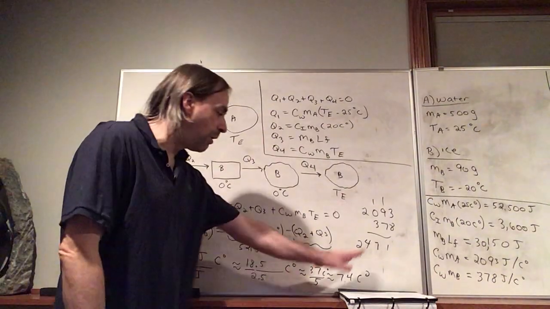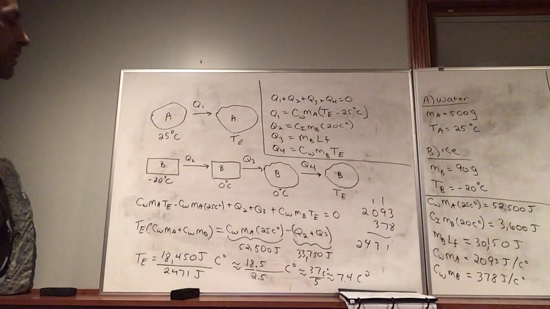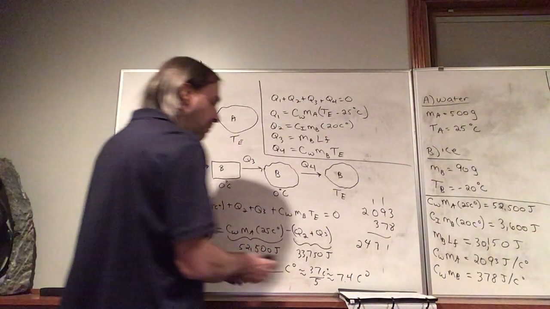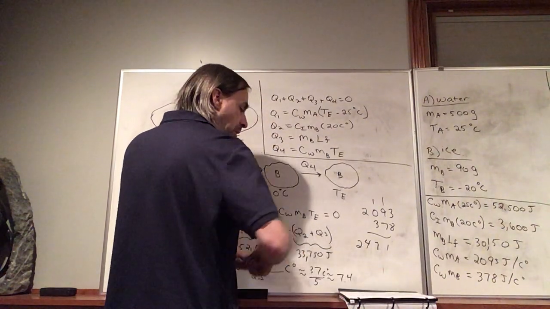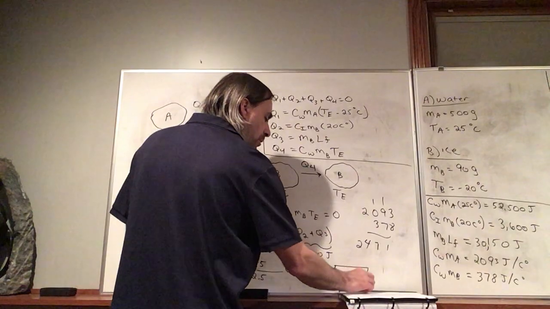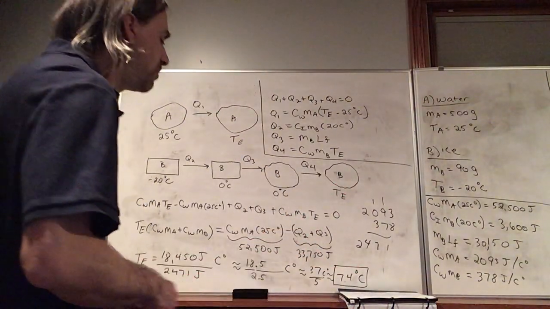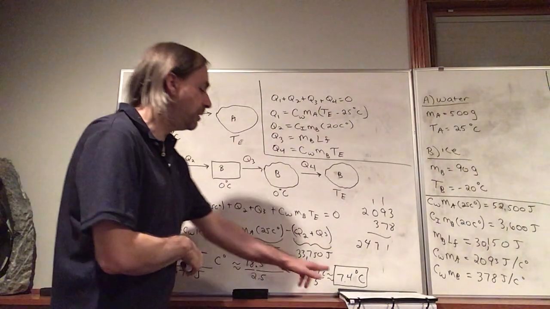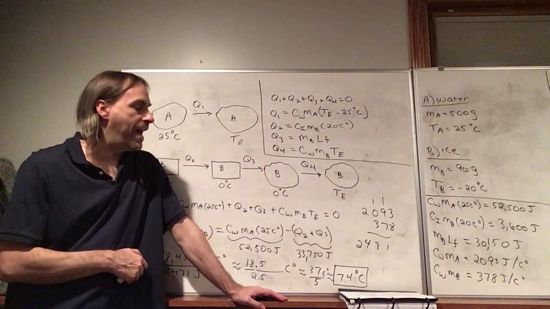So I wanted to go through all the way to the end and just make sure that our answer made sense. And around 7.4 degrees Celsius. And again, that's a bit of an approximation, because I don't have a calculator, but fairly confident it's not too far off from that number.